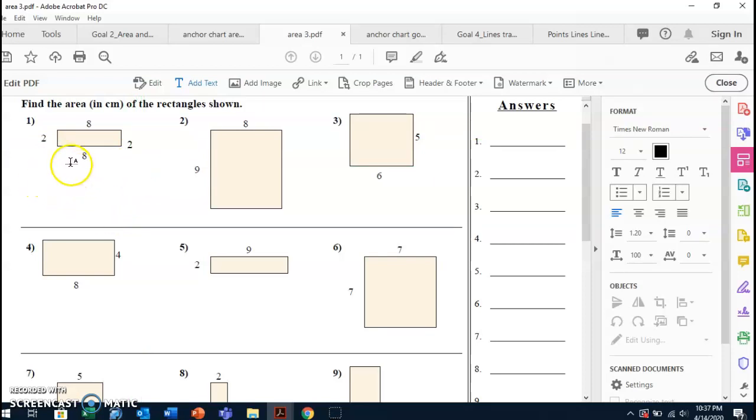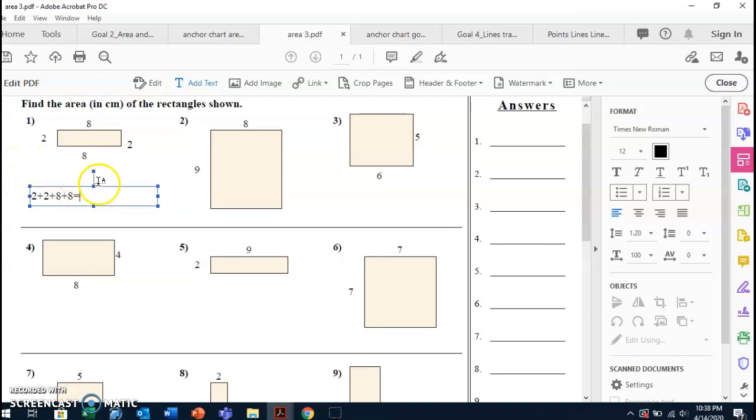So what would you do? Your problem would look like this. 2 plus 2 plus 8 plus 8 equals, so let's count.